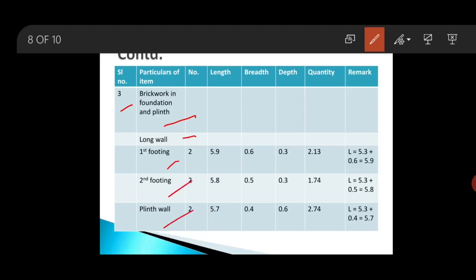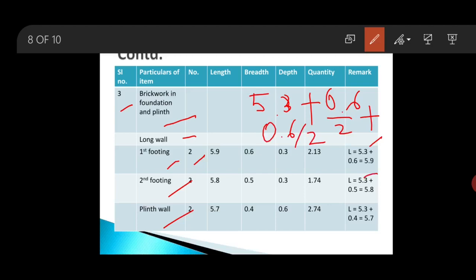For first footing, the number of long walls is 2, so the number of first footings will also be equal to 2, and the length, that means the center to center length along long wall, is 5.3. With this we will add 0.6 by 2 plus 0.6 by 2. So this will be equal to 5.9. Then breadth 0.6, depth 0.3. By multiplying these 3 we will get the total quantity of 2.13 cubic meter.